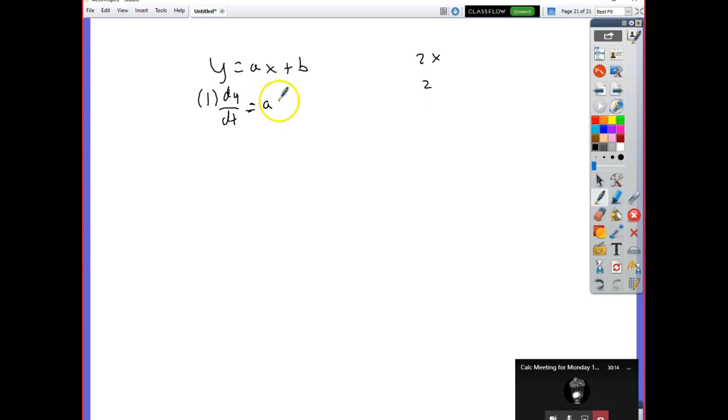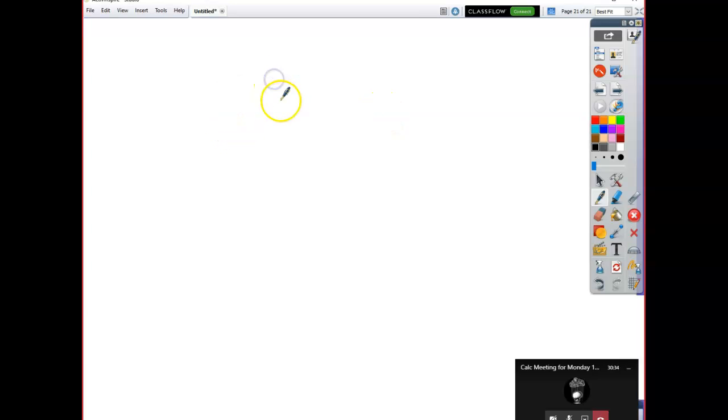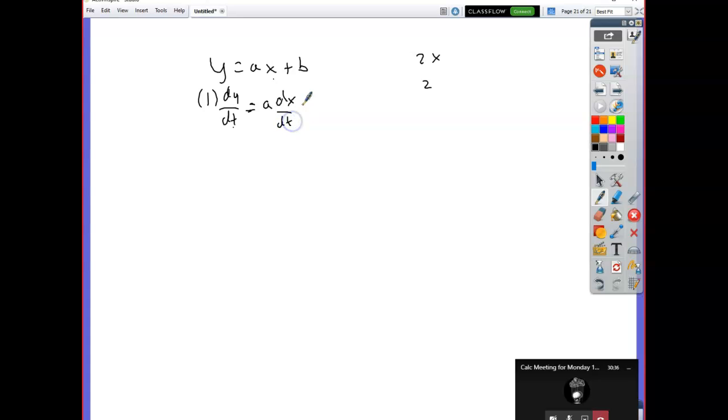So what's the chain? Well, when I'm taking the derivative with respect to time, aren't I? Oh yeah, so dx over dt. dx dt. And then b is just some number. So what happens when I take the derivative of a number? It'd be 0. It goes away, right? So cleaned up, I get dy dt equals a dx dt.